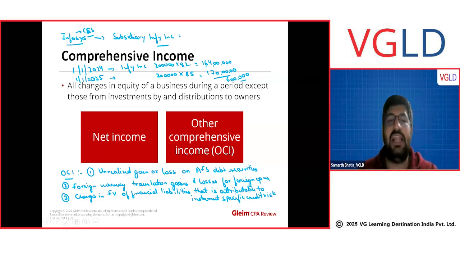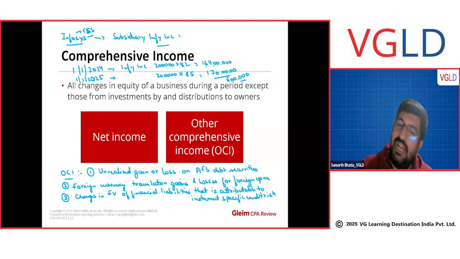So every financial liability has its own risk. That is a credit risk. Whether we will get the money, whether we are able to pay the money back or not, there is a financial risk, or there is a risk in terms of change in the interest rates.